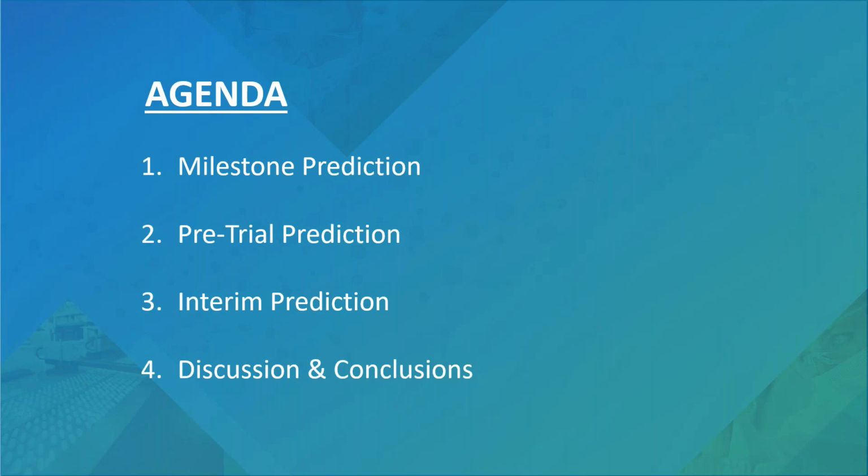And then interim prediction is where we have access to interim data, perhaps an interim analysis from a group sequential design, perhaps just because we're enrolling data as we go along live. Regardless, we have data available to us as the trial is going, and we want to improve the predictions that we made before the trial, or maybe that didn't happen at all, and get a better idea of whether our trial is still on track, for lack of a better term, at the time of the interim analysis. And then finally, just some time for some minor discussion and conclusions.